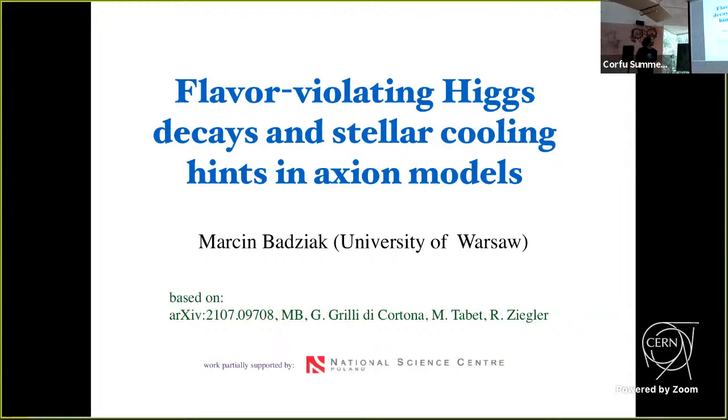So basically, I will connect the two exciting topics of recent years: Higgs physics and axion physics. This is based on my recent work, published in a paper together with Giovanni Cortona, Mustafa Tawet, and Robert Ziegler.